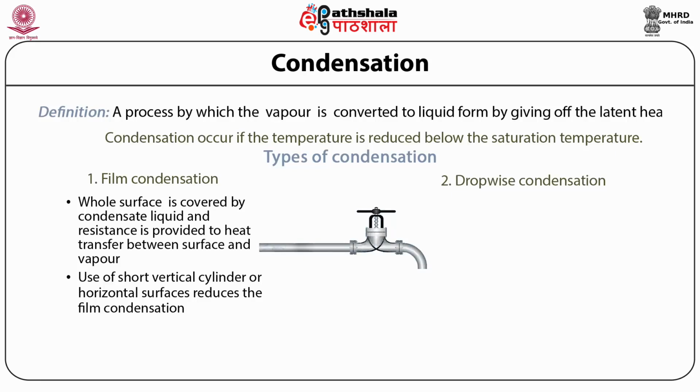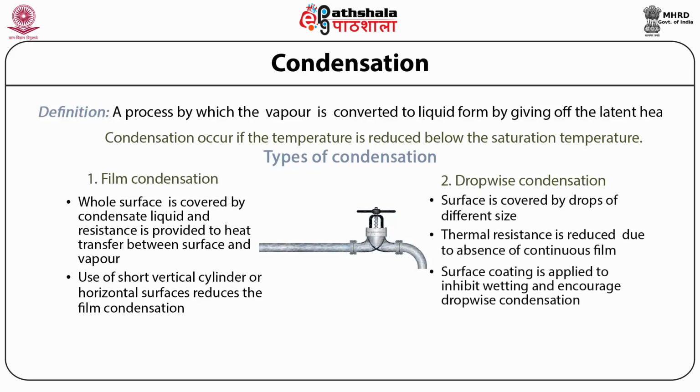Because in film condensation, heat transfer is restricted due to a continuous film formation over the surface, which is not happening in drop-wise condensation because maximum surface area is available for heat transfer to the environment. You may apply surface coatings to avoid film condensation. The empirical equations for calculation of heat transfer coefficients are given as follows.